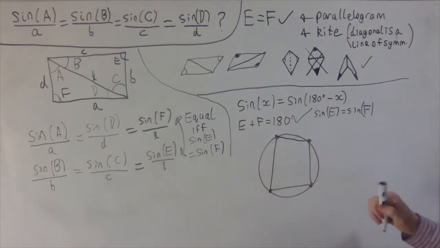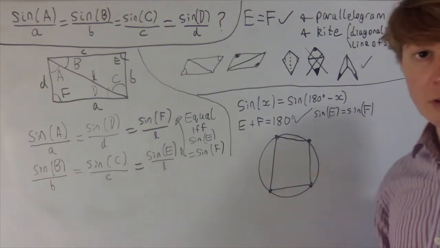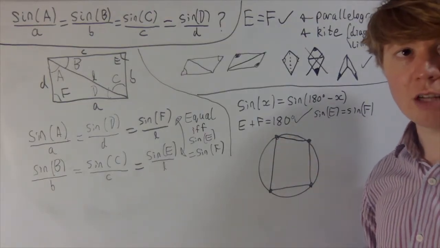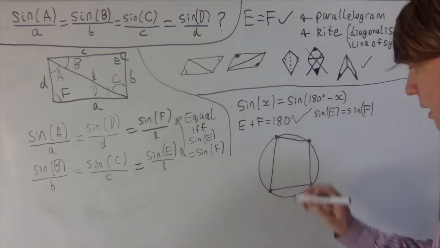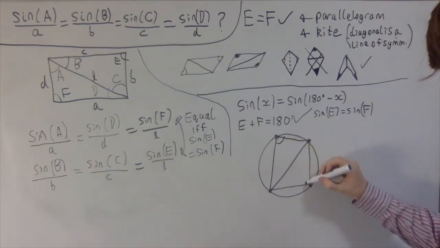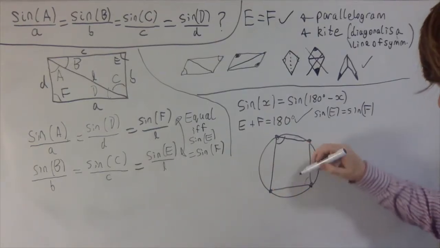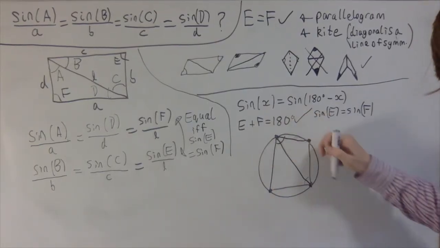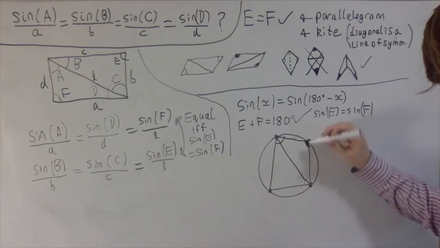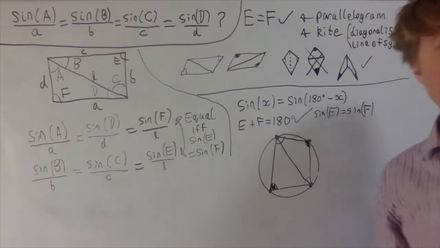This applies for both pairs of opposite angles, and these sum to 180 if and only if your quadrilateral is a cyclic quadrilateral. So, for example, if we use this as our diagonal, then these two angles would sum to 180 degrees. And it doesn't matter which diagonal we use; if we use this diagonal instead, then these two angles would sum to 180 degrees.